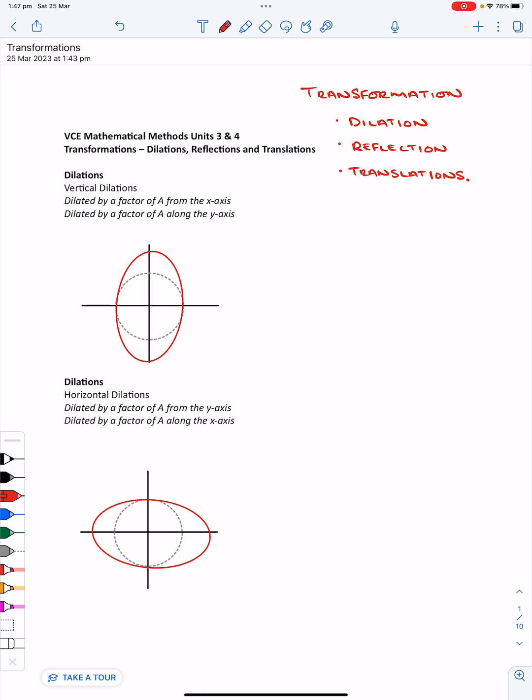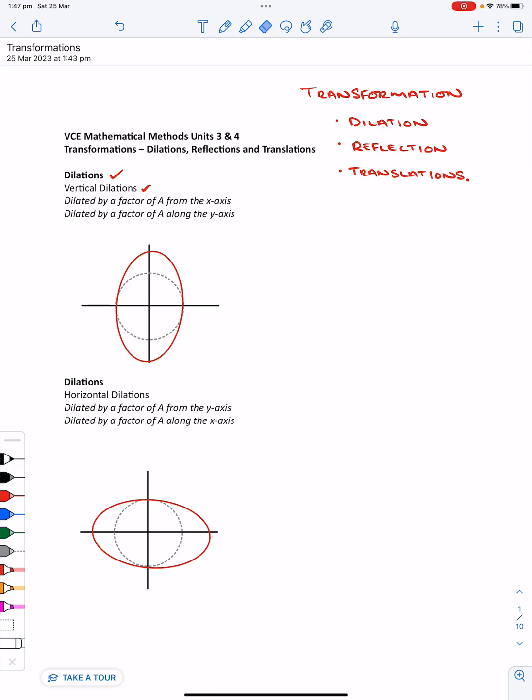So the first thing we're going to focus on, though, is dilations, and we're going to specifically talk about vertical dilations. Now, when we talk about vertical dilations, what we're talking about is dilating by a factor of a from the x-axis or along the y-axis.